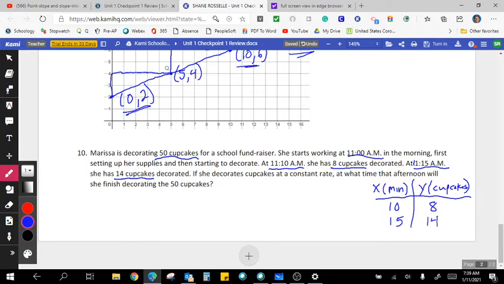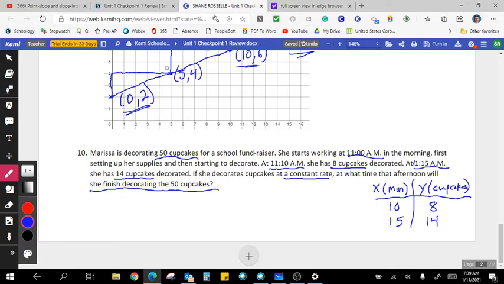If she decorates cupcakes at a constant rate, at what time that afternoon will she finish decorating 50 cupcakes? The best way to do this is to figure out your equation, and then once you figure out your equation, you can just plug in 50 cupcakes.